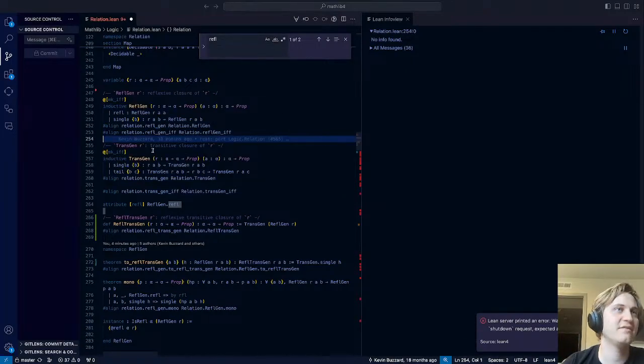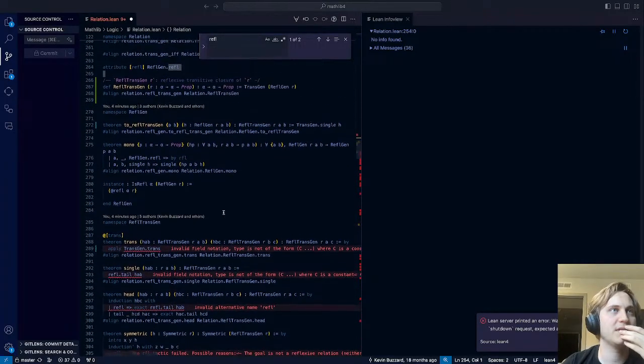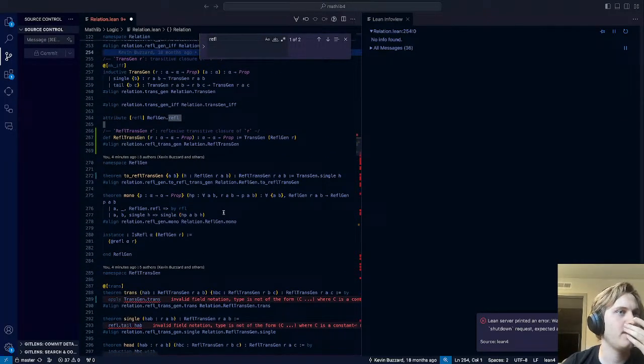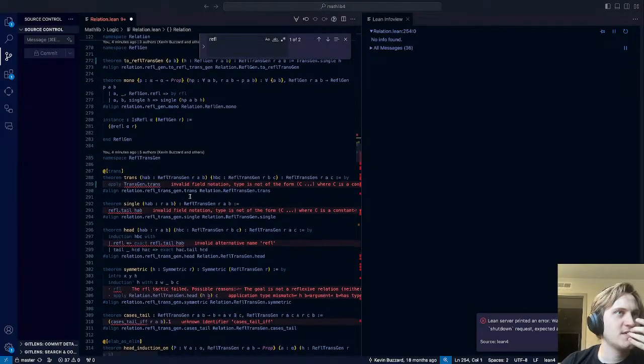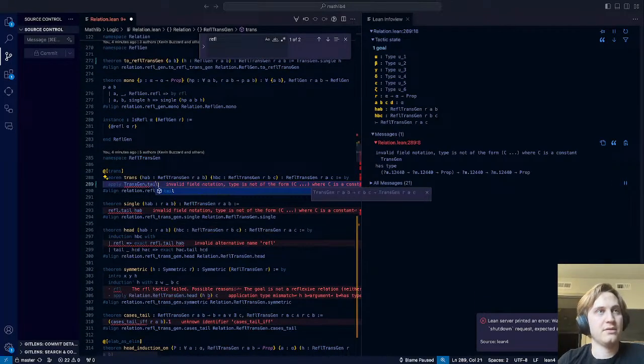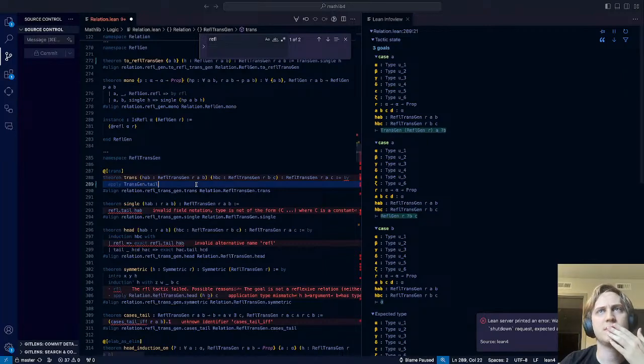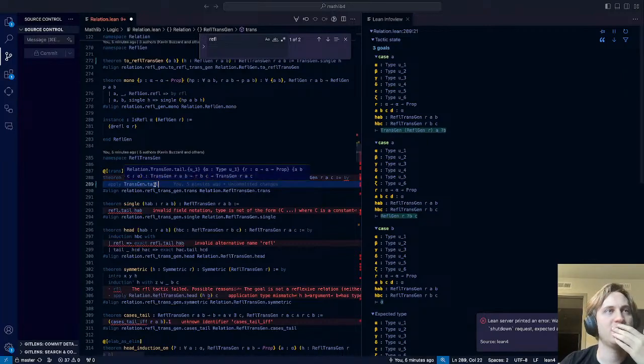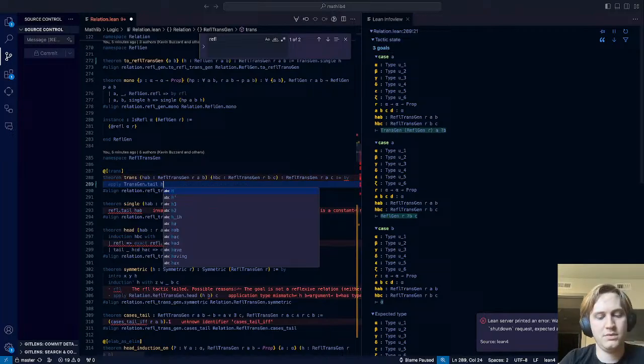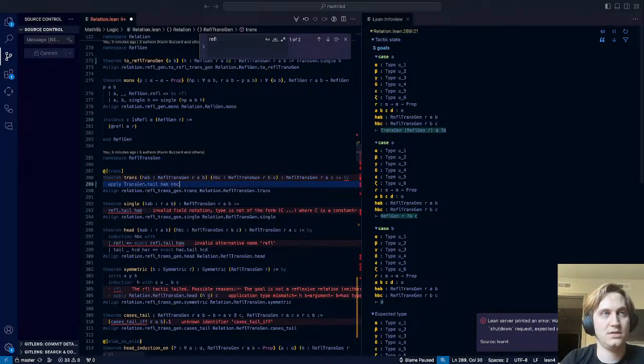Why is the transitive constructor for TransGen called tail and not, I don't really get that. It should be called trans, right? It's called tail though, apparently. I apply this. Tail. HAB. HBC.